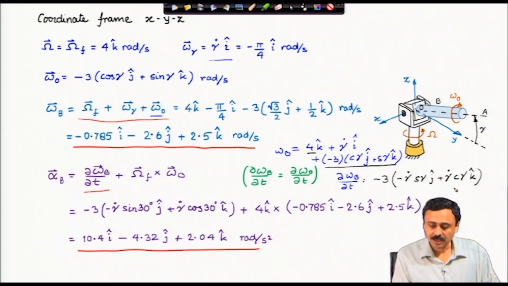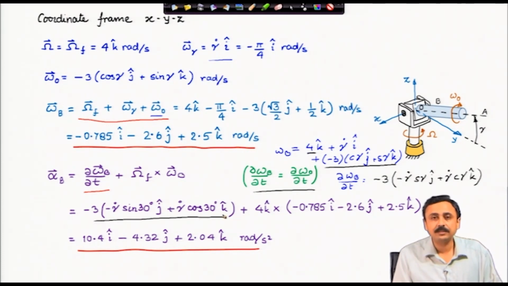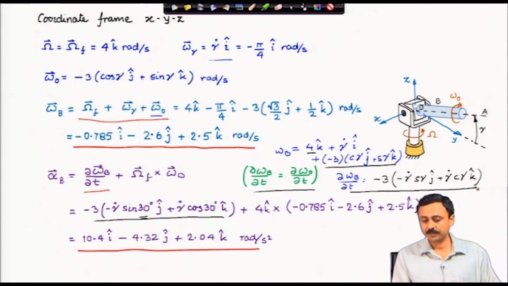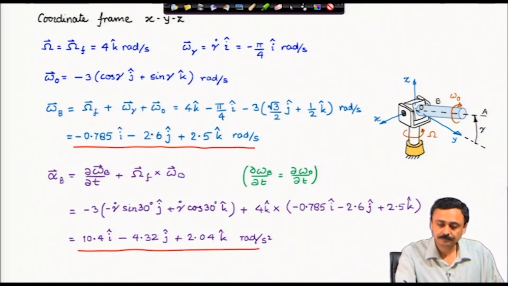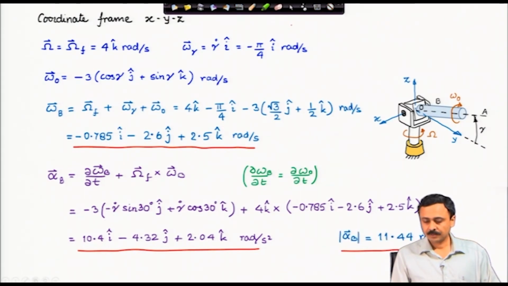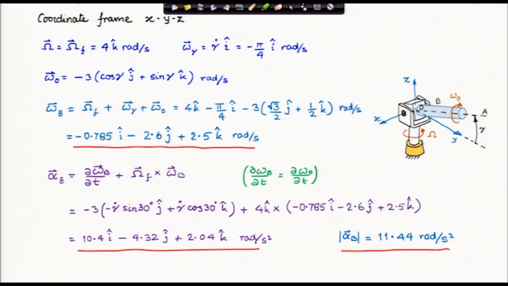At 30 degree we have to calculate the angular acceleration of the body, and this is how we get the local time derivative of omega b. The magnitude of the angular acceleration is 11.44 radian per second square.